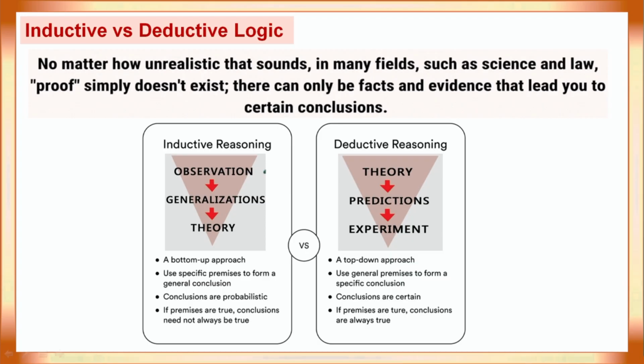Now, Aristotle, the originator of deductive reasoning, assumed that deductive reasoning is much more superior in nature, as it can help you arrive at the truth with certainty, whereas inductive reasoning is mostly probabilistic in nature. In scientific research, both inductive and deductive reasoning are important. The purpose of scientific research is to arrive at the truth, that is, the theory.